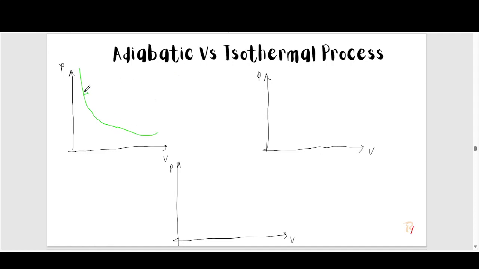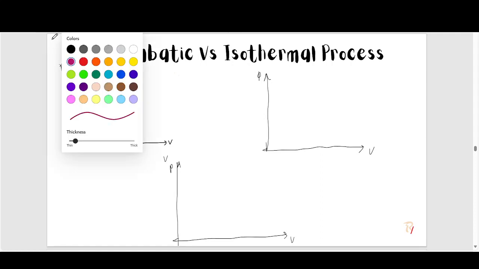This graph gives us adiabatic, and this graph, sorry, let me give it another color. Sorry for the delay. Let me explain clearly, that's why I'm taking this much time to help you understand.